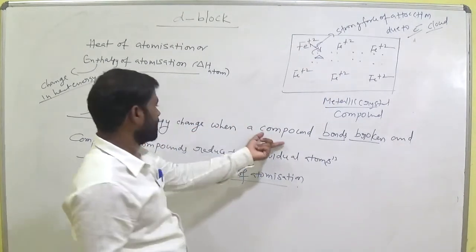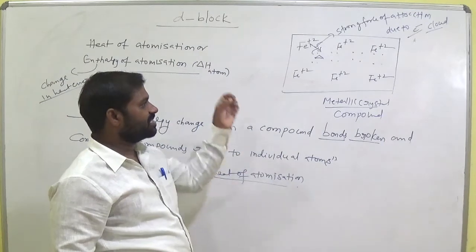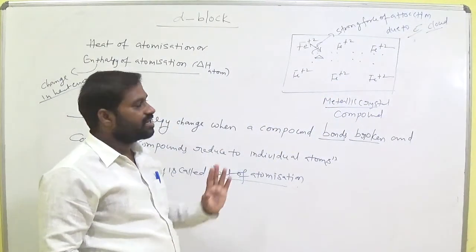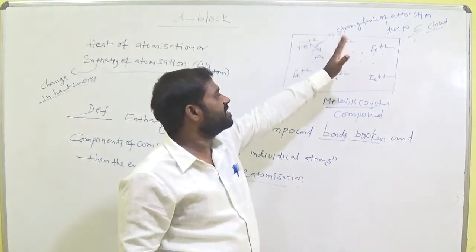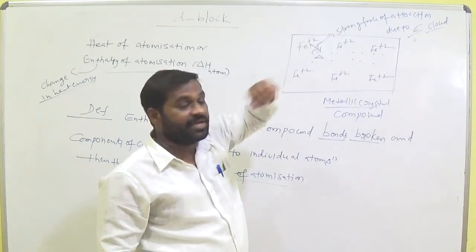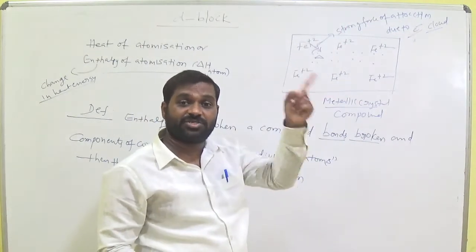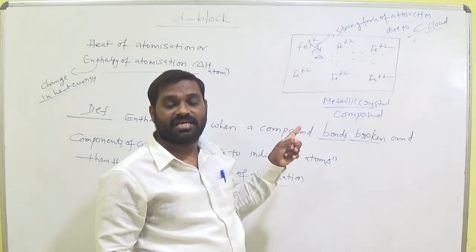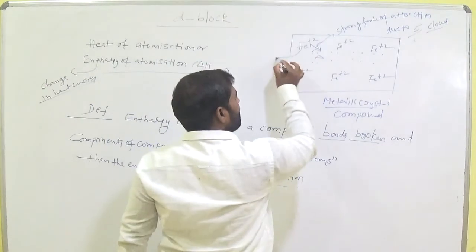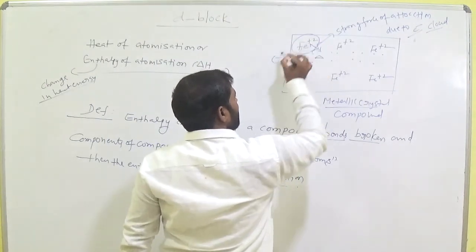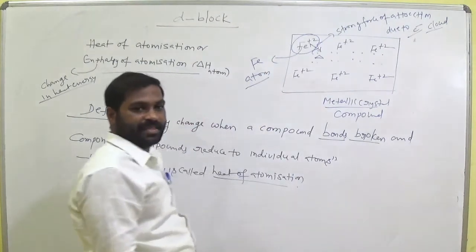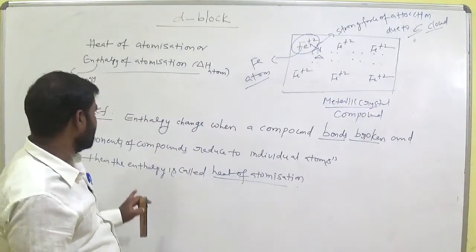Iron atoms are the components here. To break the bond between these iron atoms, we offer heat energy. After bond breaking, the iron ion becomes an iron atom, an individual atom. That energy is called the heat of atomization.